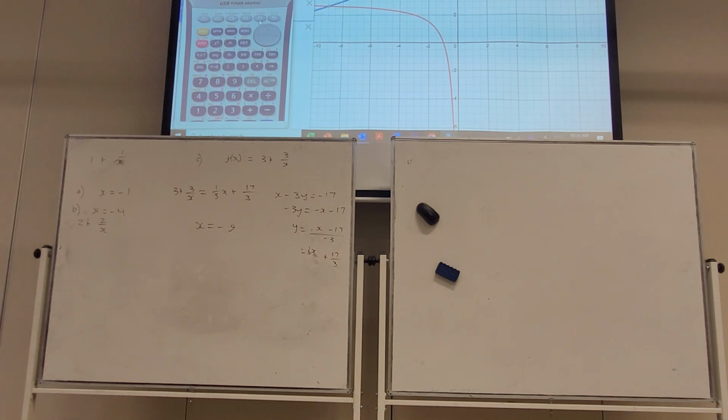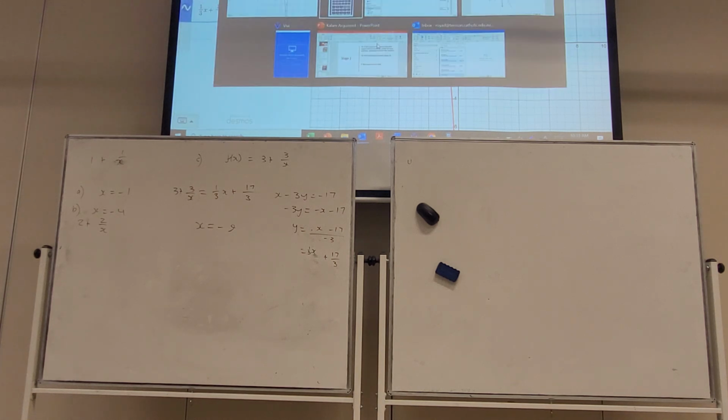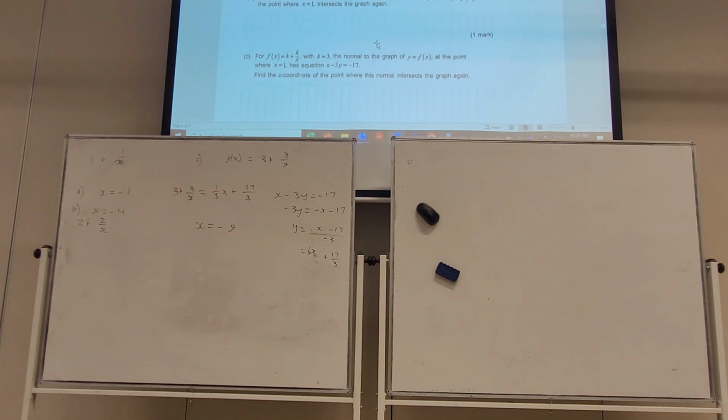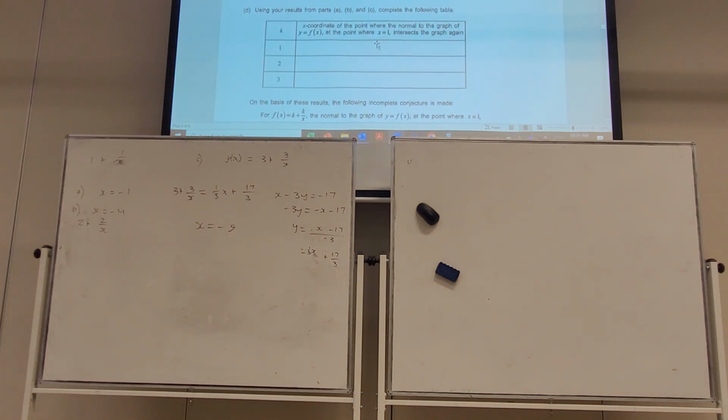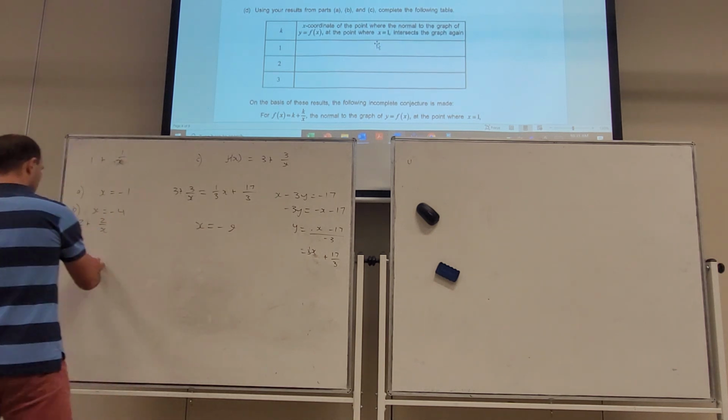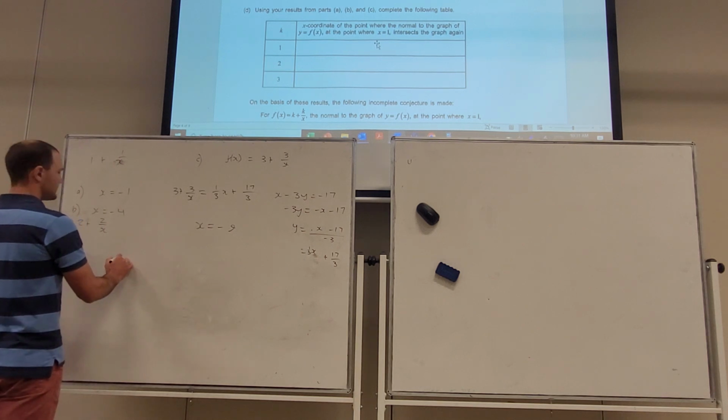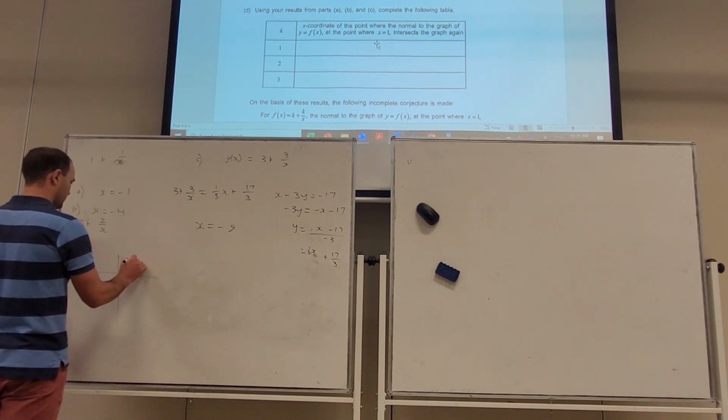Alright, so next I'm going to draw the table that we've got there. So, the table is this one here. It says, using your results from parts A and B and C, fill in the table. And so we've got K and X coordinate where it meets the curve again.